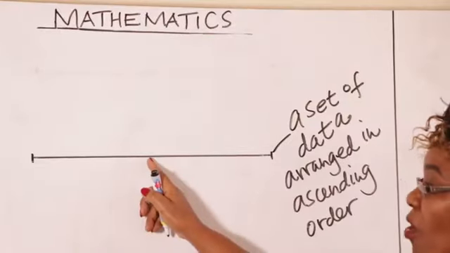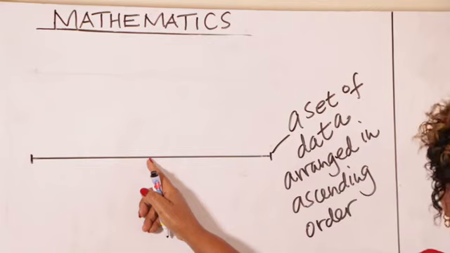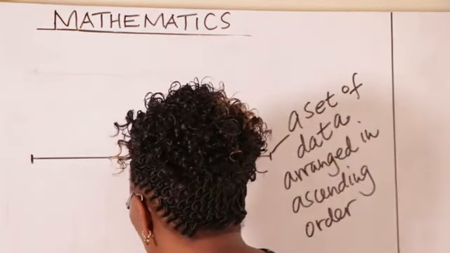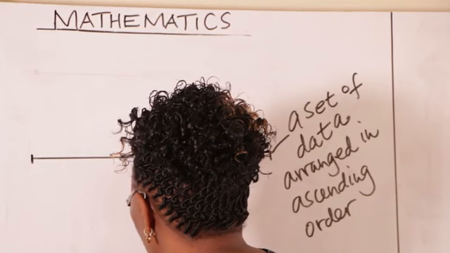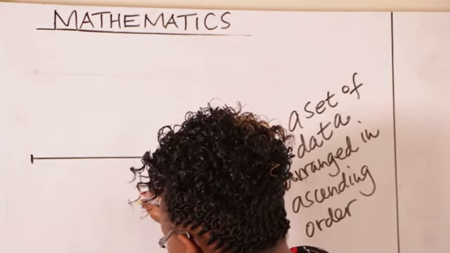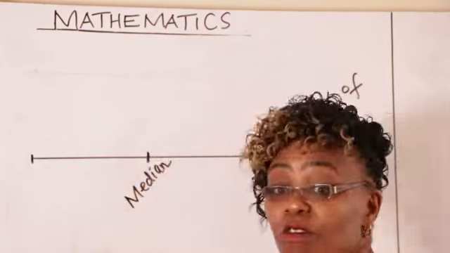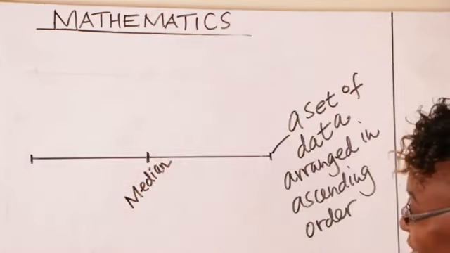Lana, you learned that the value that falls at the middle of that data is called the median. Suppose this is our midpoint, the middle. That value there is called the median of the data.